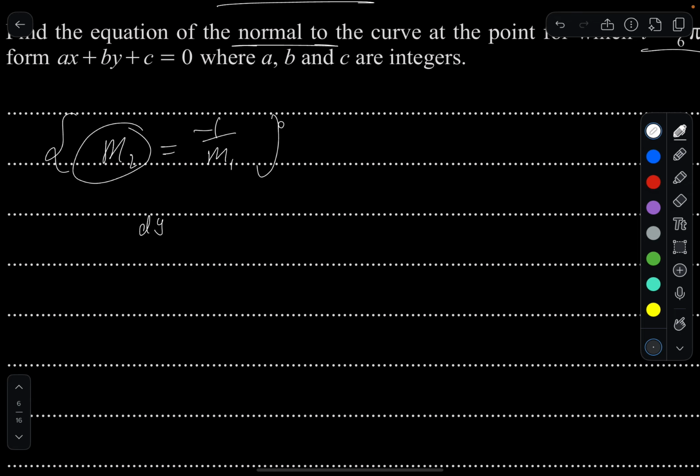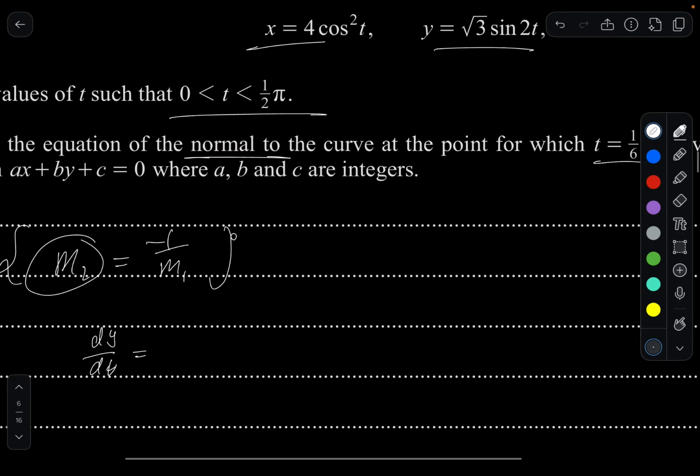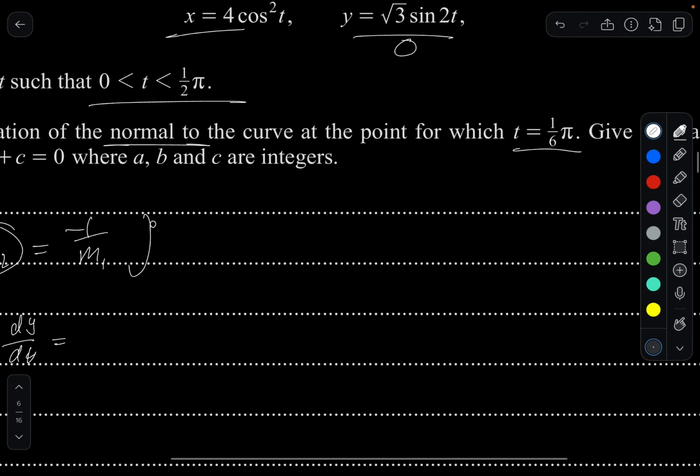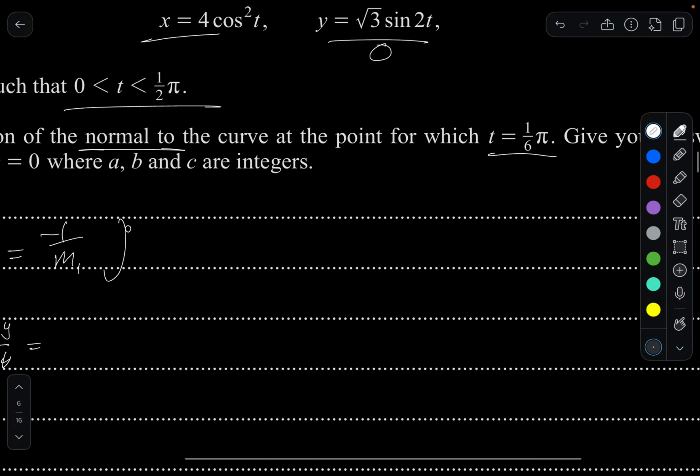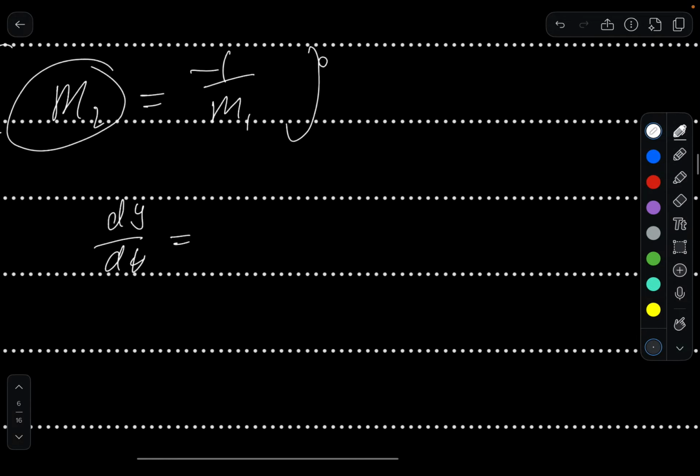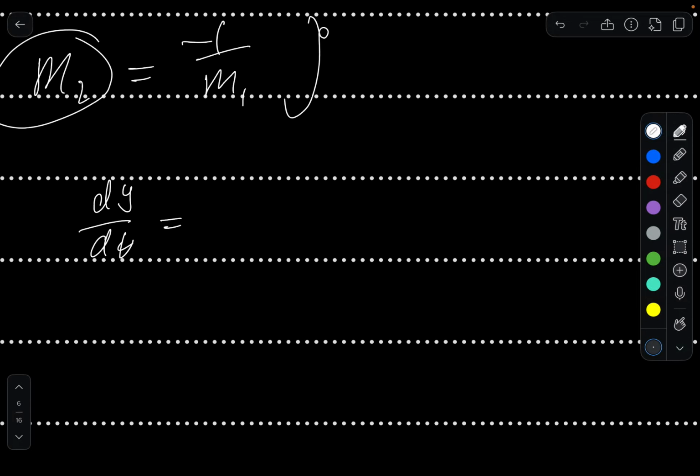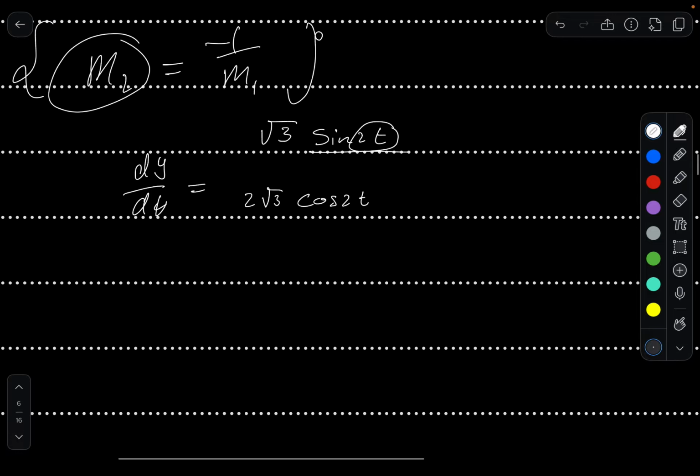We start with dy/dt, so we differentiate this equation, which is y = square root of 3 times sin 2t. We take the derivative of the inside function of sin 2t, so that will be 2 square root of 3 cos 2t. Now that's your answer there.